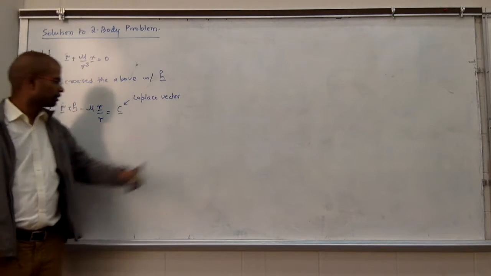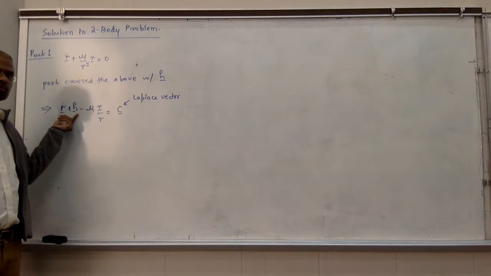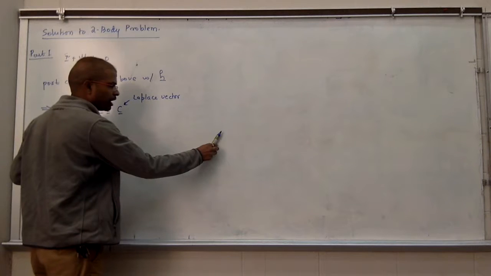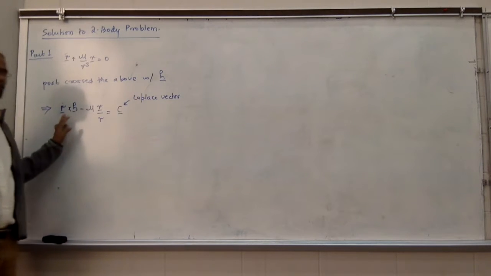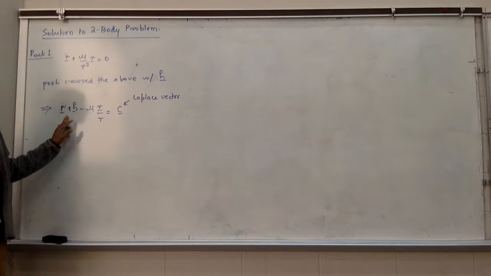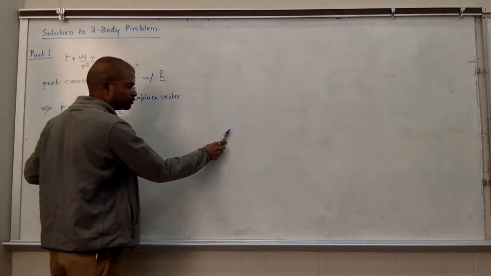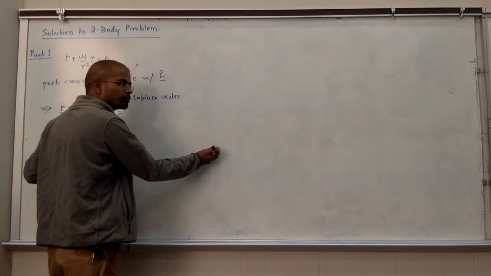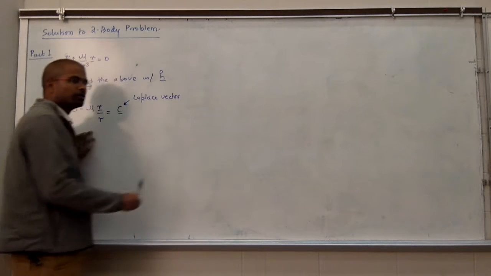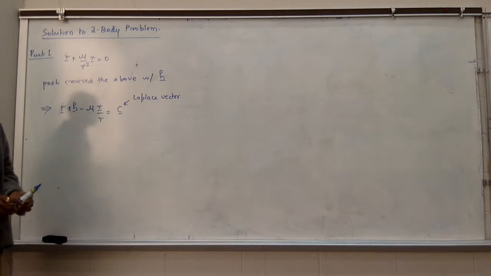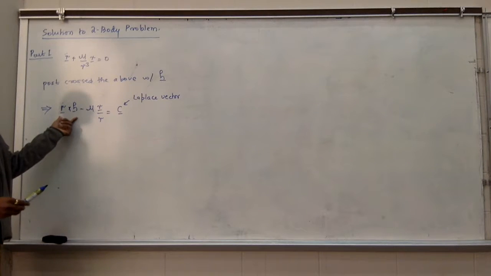Now if you cross these two, what that means is this and this are perpendicular. If you take the cross of R dot with H, that vector is going to go back into the board.